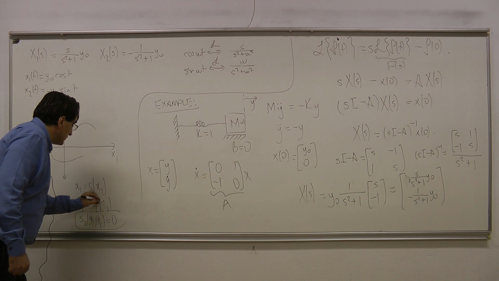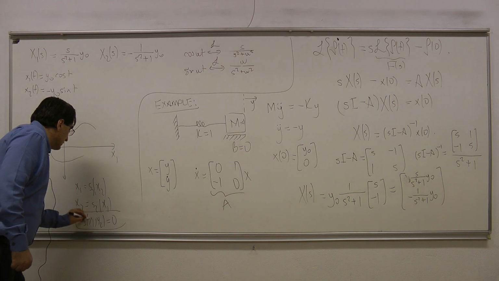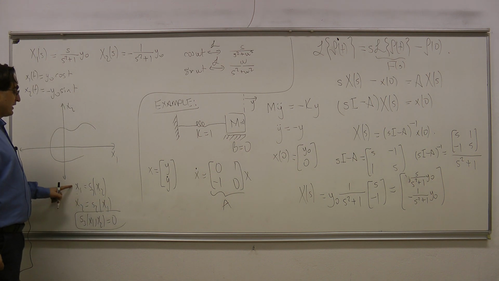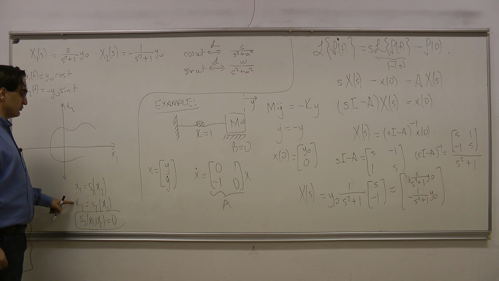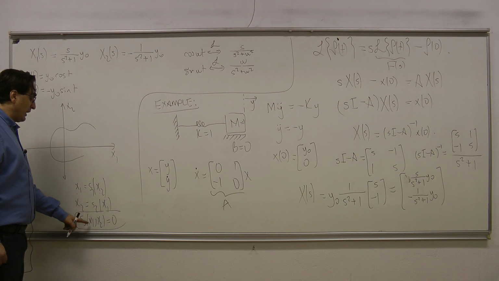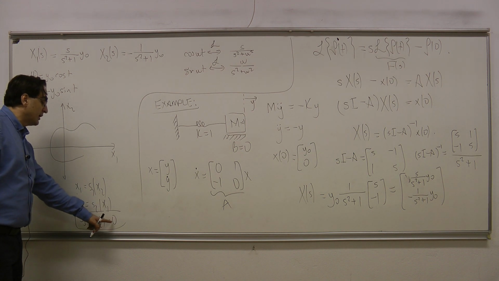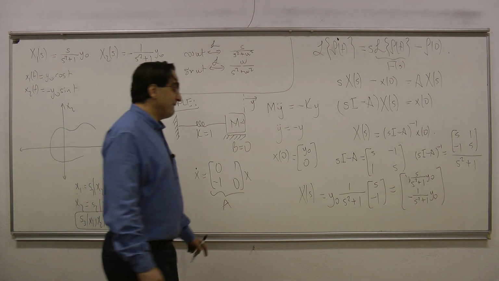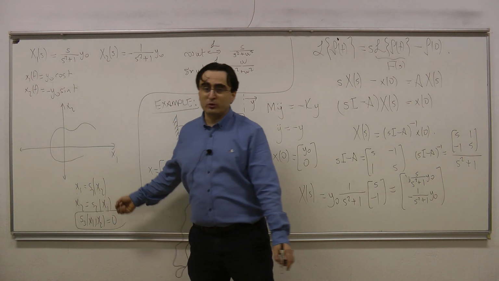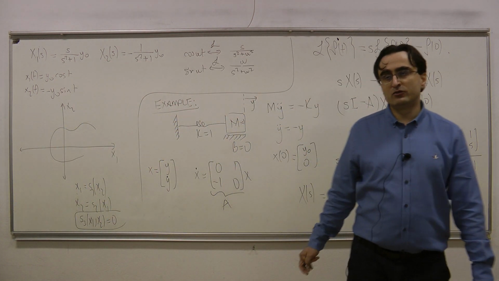In general, a phase plane trajectory would look like these equations: x1 is a function of x2, or x2 is a function of x1, or x1, x2 and their functions are taken and the result is 0. So a phase plane trajectory will not contain the time variable in general.